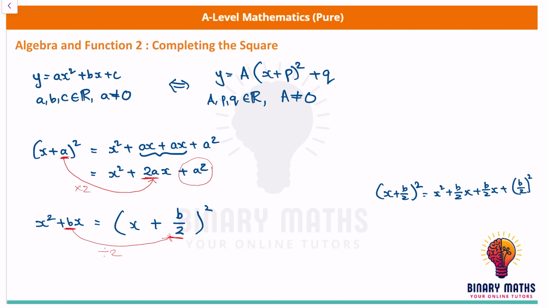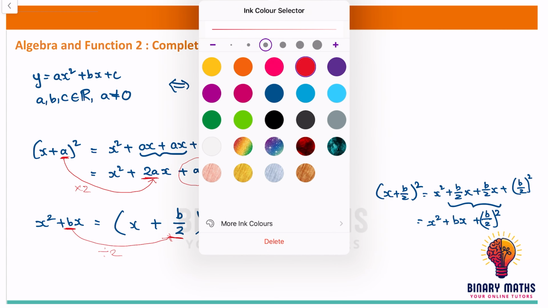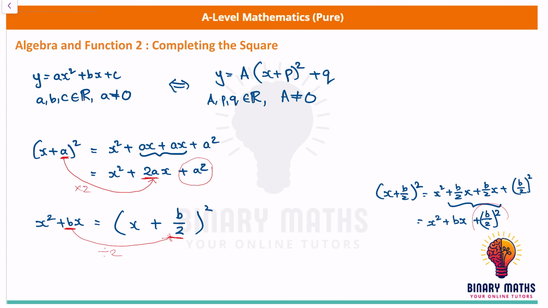Simplifying the middle terms, I get x² + bx + (b/2)². Comparing with what I started off with on the left hand side, I'm getting this extra term that I didn't want when I expand that bracket, which means I need to take off (b/2)².